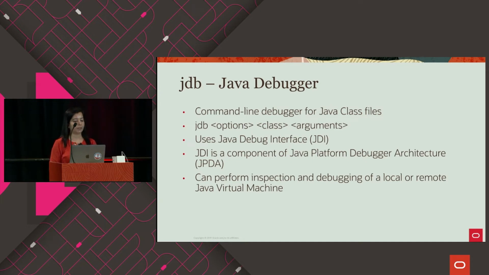It can accept various options to attach to the class files, and accepts the arguments that should be passed to the class file. It implements the JDI interface, a component of the Java Platform Debugger Architecture, and it can perform inspection and debugging of a local or a remote Java virtual machine.